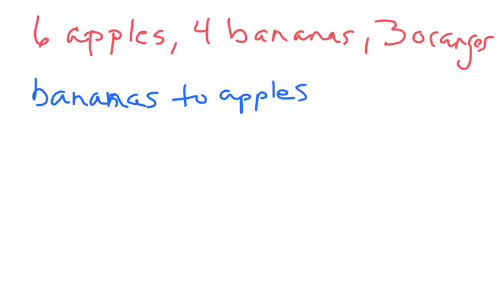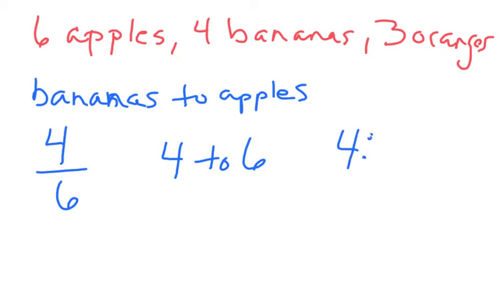Okay, that means you're going to take 4 to 6. Or you could write it 4 to 6. Or you could write it 4 to 6. And sometimes the book is going to say, write it all 3 ways.